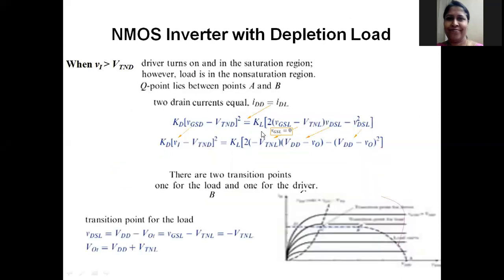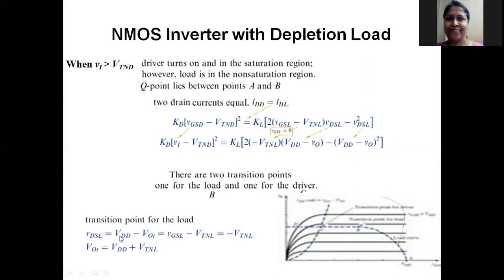And what is the expression for that current? That is given by the relation. You consider here that the enhancement device has this curve and the depletion device has this curve. So this point corresponds to that operation. The enhancement device is in saturation, and the depletion device is in non-saturation. Use the relations correspondingly for these two devices.